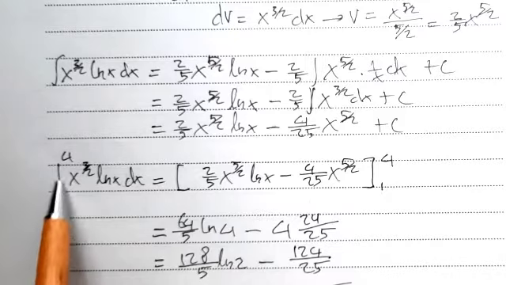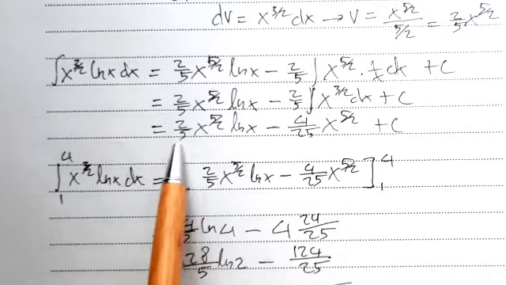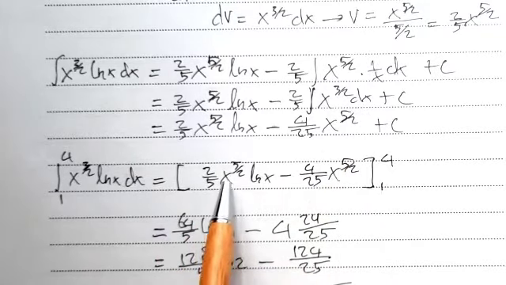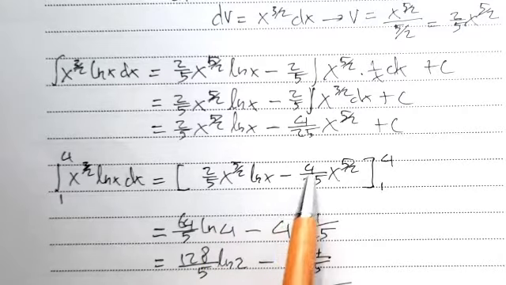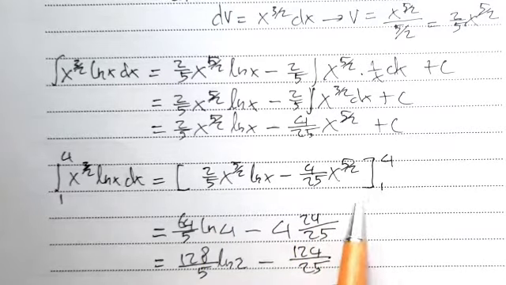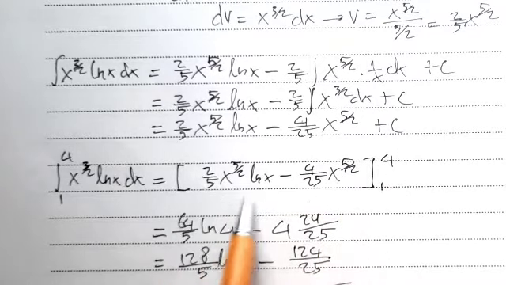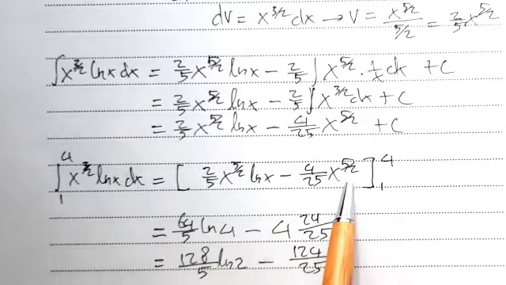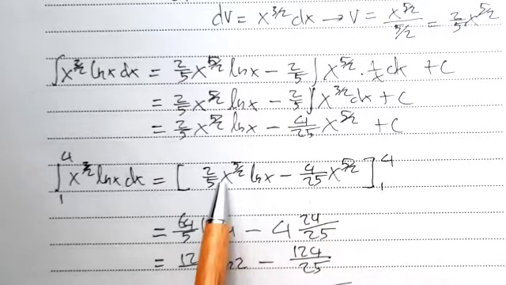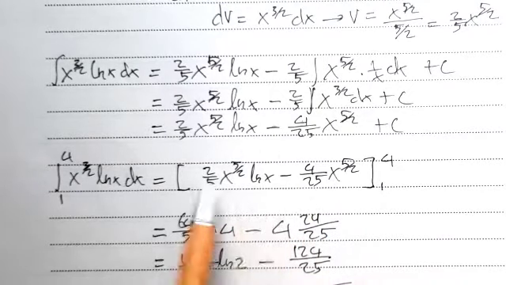Now the integral from 1 to 4 of x to the power 3 over 2 ln x dx equals 2 over 5 x to the power 5 over 2 ln x minus 4 over 25 x to the power 5 over 2, from 1 to 4. First substitute 4 in this expression, minus substituting 1.